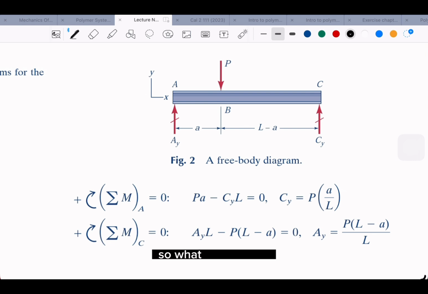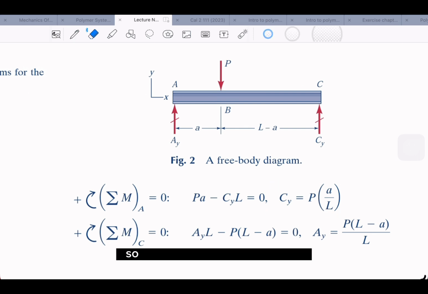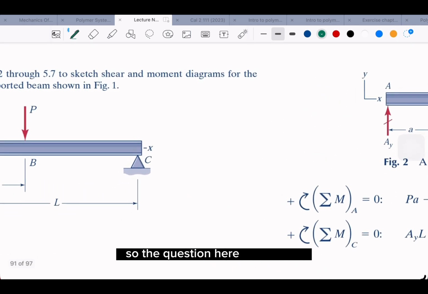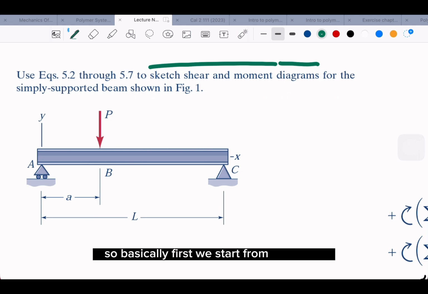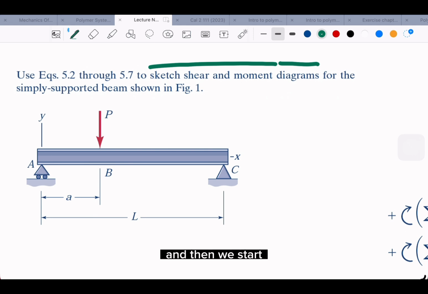So, what do we need this C and A for? The question here is basically just sketching the shear and moment diagrams. So first we start from the shear, and then we identify all the important elements.